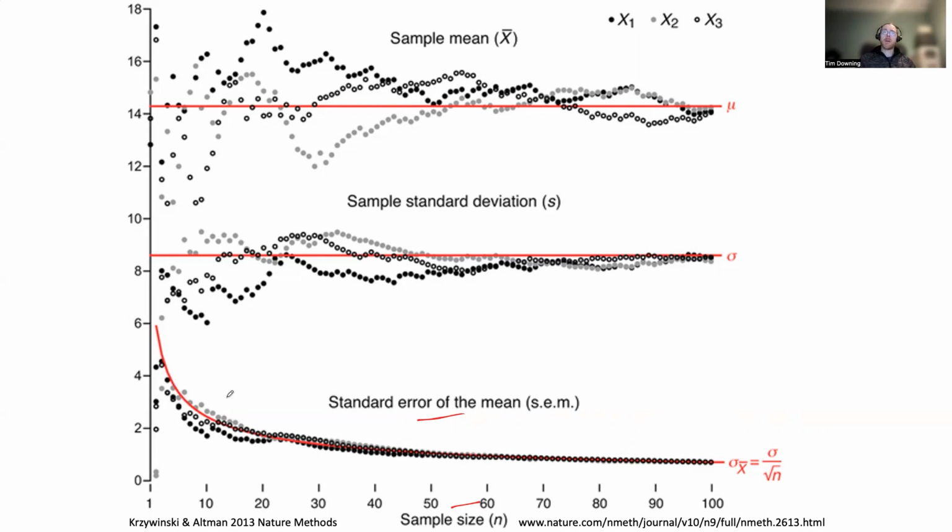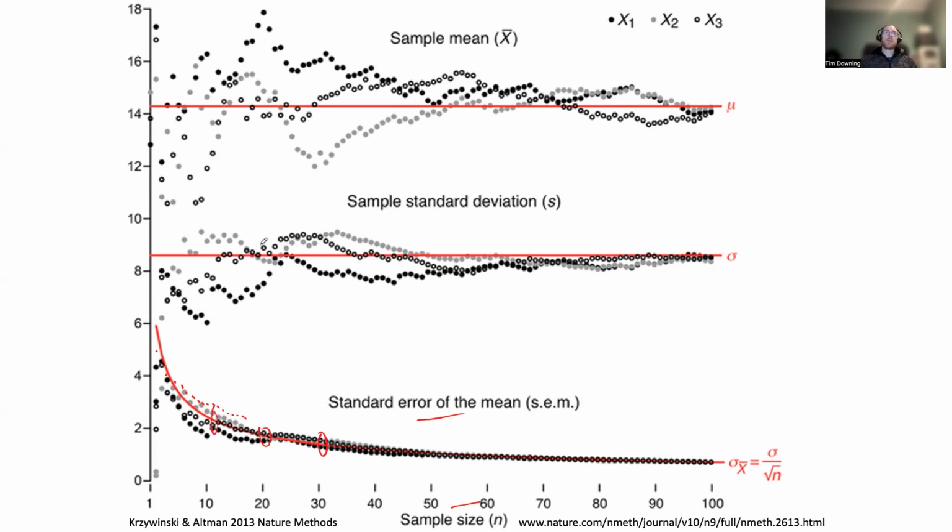Those three independent estimates are very far away from the two values at the start. They're quite different for very few samples. And as we get more and more samples, the standard error becomes more accurate. So if we have something like 30 samples or maybe even 20 samples, we'll have a decent estimate of the standard error. But if we have only 10 samples, it'll be quite poor.